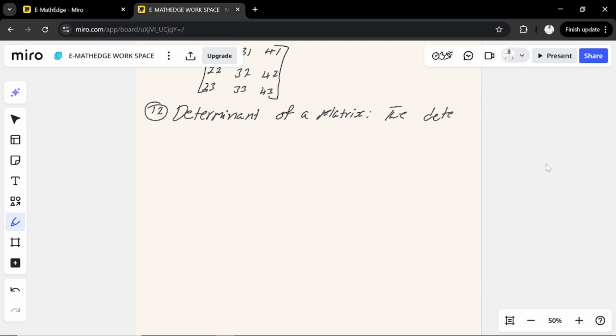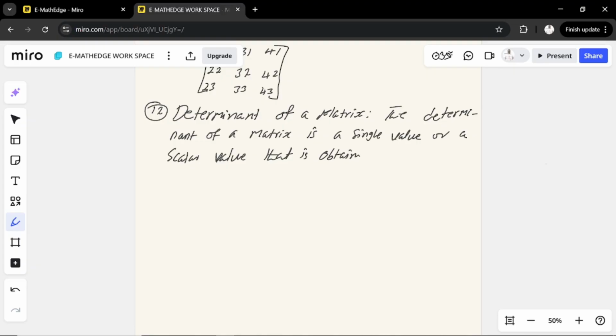The determinant of a matrix is a single value or a scalar value that is obtained or computed from a square matrix.